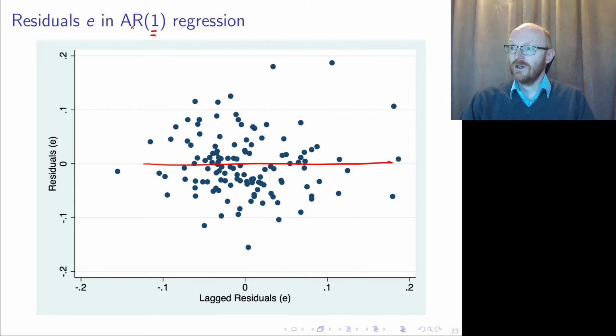Whereas with the residuals versus the lagged residuals from the AR1 model, the autoregressive model with only one lag, we can't really fit a line with a positive or negative slope.